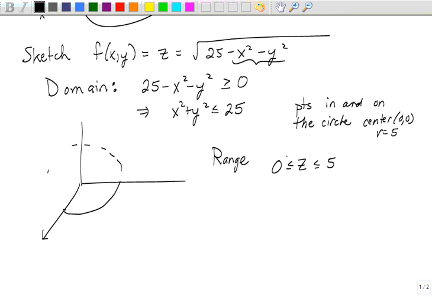So what you get is if you let z be constant, these are called the level curves.